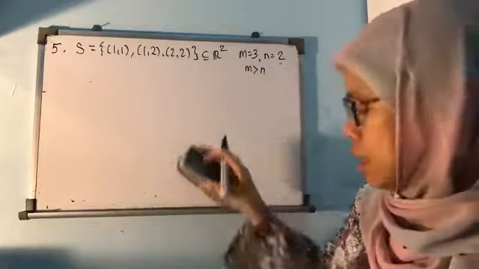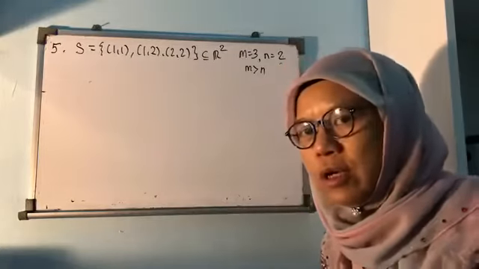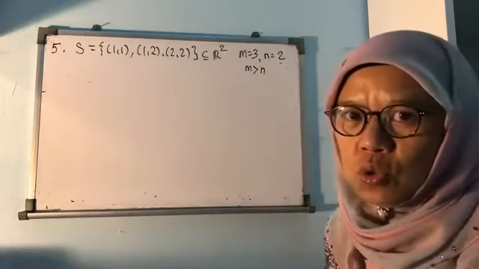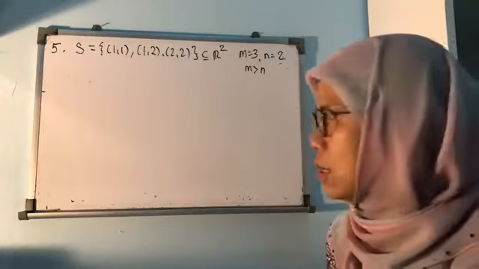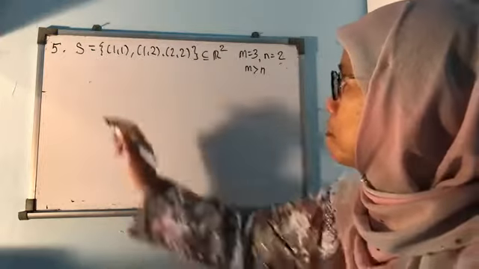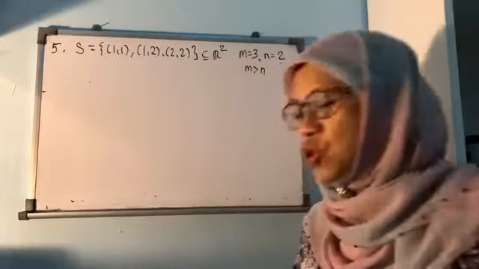Okay, you can go direct to showing linearly independent, but if the question asks also whether it spans or not, then you can also show that. Okay, now let me show both.